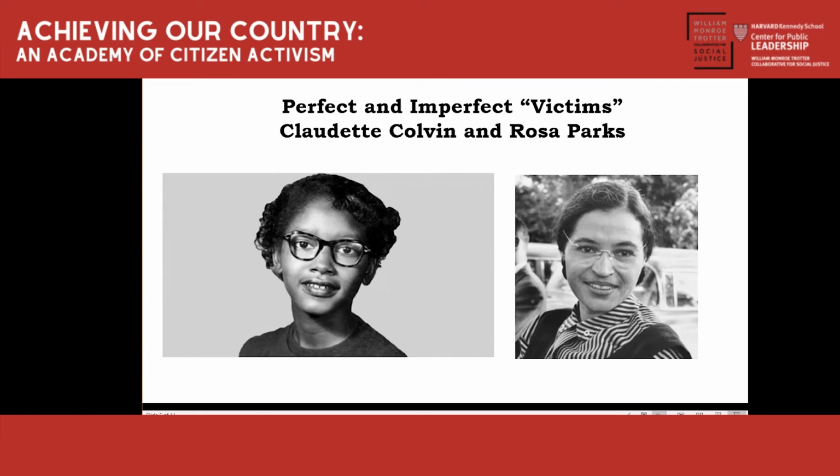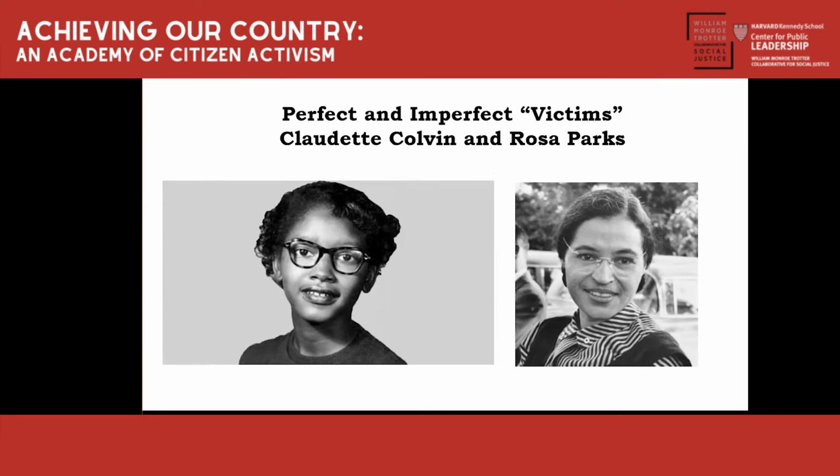Well, it just so happened that Rosa Parks was described as a child as being feisty. That is to say, having a Claudette Colvin spirit, right? Rebellious in all the right ways. Rosa Parks, who was trained at the Highlander Folk School, trained in the citizenship schools before she refused to give up her seat. So in other words, she was a trained civil rights activist in her 40s when she refused to give up her seat.